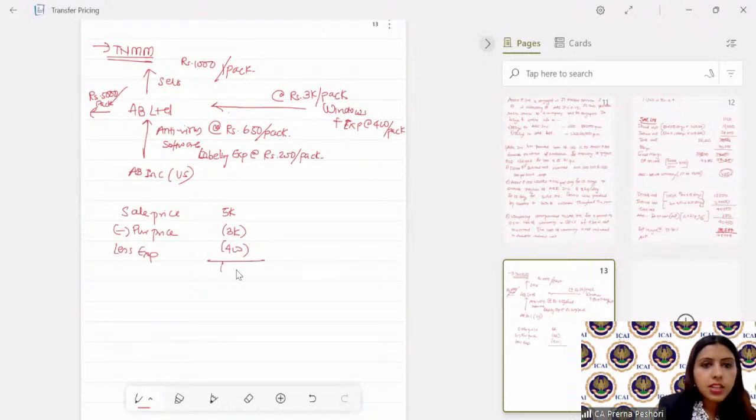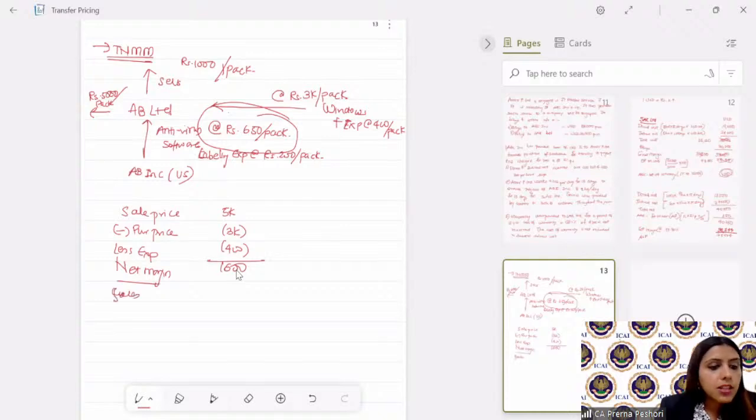This gives me a net margin of 1600. Your net margin will be taken on sales because this is the tested transaction, so I need to come from cost to the sales. So I will take net margin upon sales, which gives me 32% as the net margin ratio.